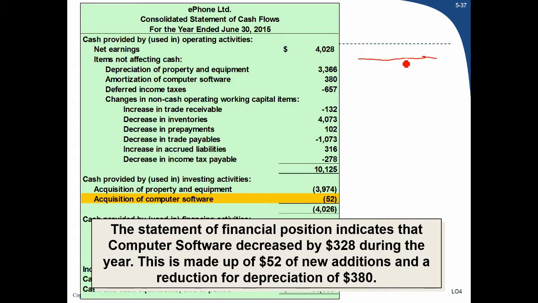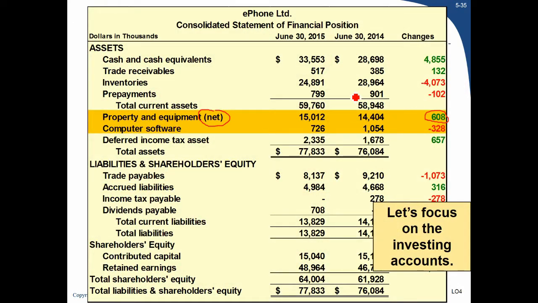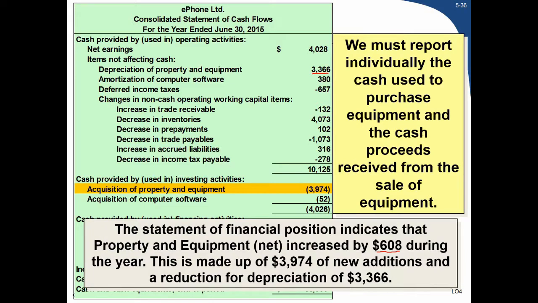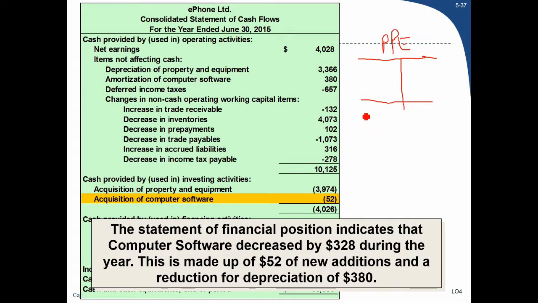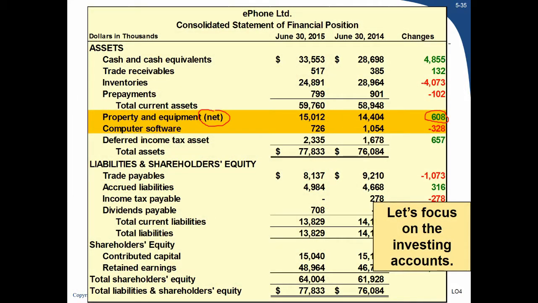If you have your T account for PP&E, we know that our ending balance is a debit of 15012, and the beginning balance was 14404.